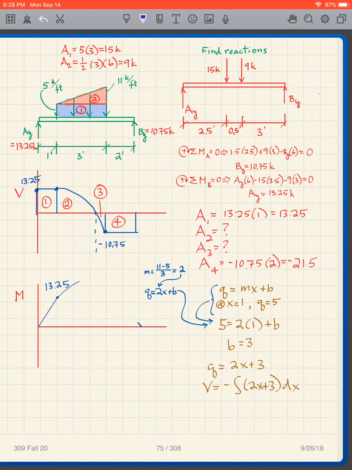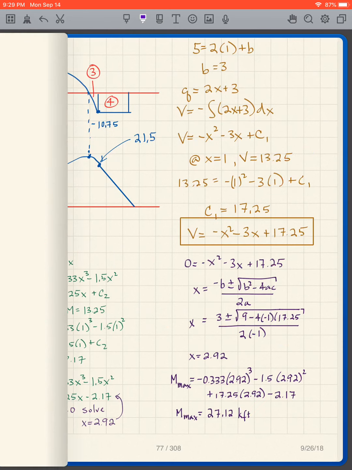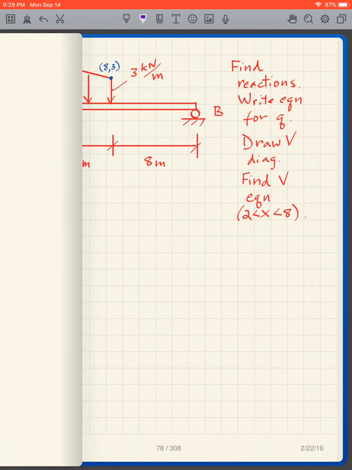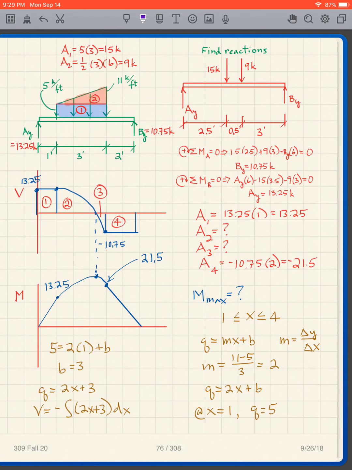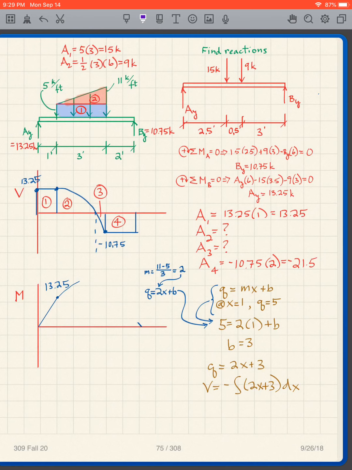So we are going to write the expression for q. I need to write the equation of this line here, and you can all write the equation of a straight line given the coordinates of the points. So I want the slope of that line. I've got 11 there, I've got 5 there, and that's 3.